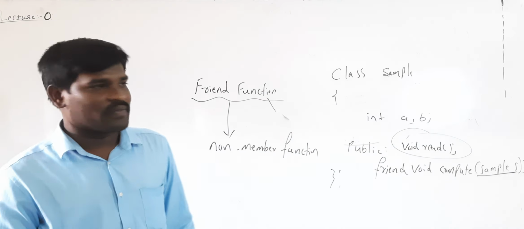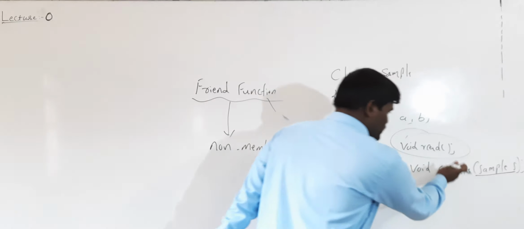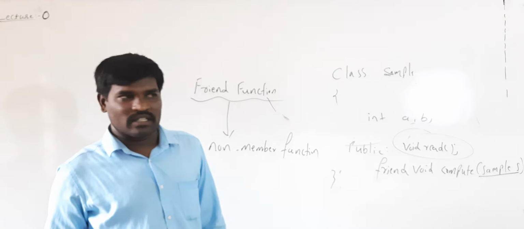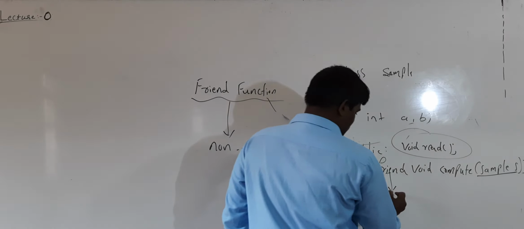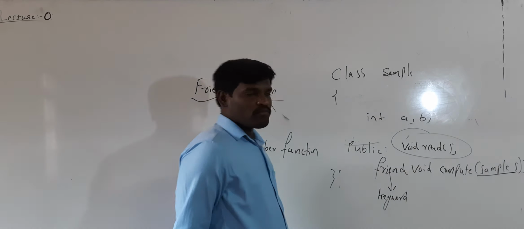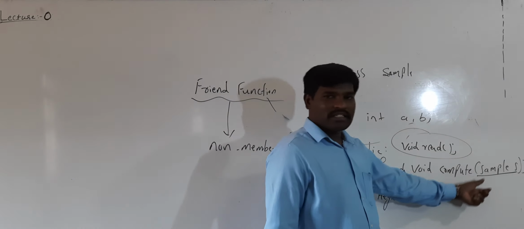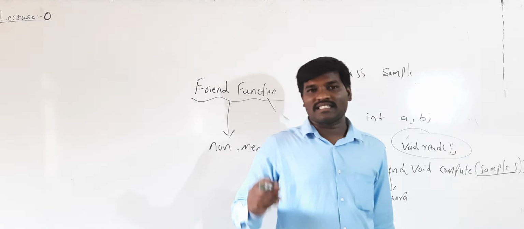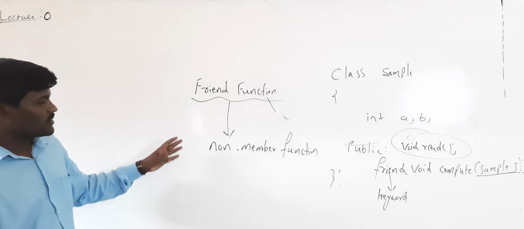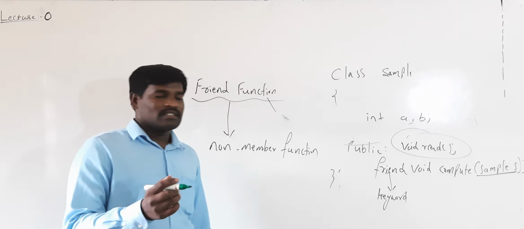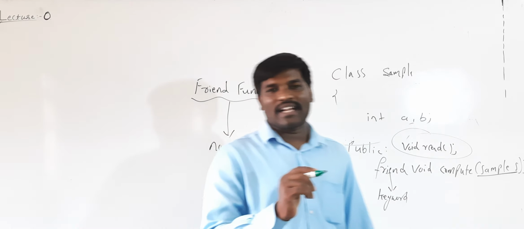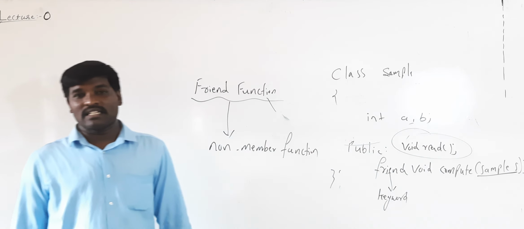To identify a friend function, it must be declared using the friend keyword, and it can take the object as its argument. The definition of a friend function is: first of all it is a non-member function, but it has all rights to access the private and protected members of the class.